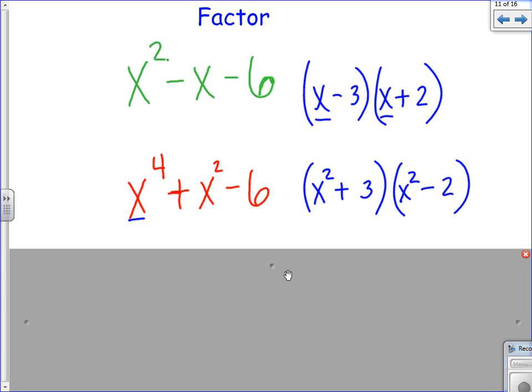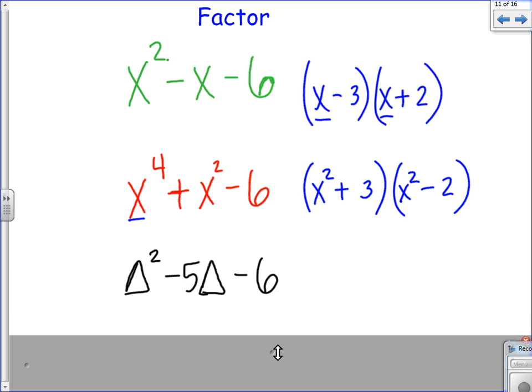Alright, so we did this to show that it really doesn't matter what the exponents are, or what the variable is. As long as the trinomial is in a quadratic form, we can factor it the same way we would a regular quadratic.